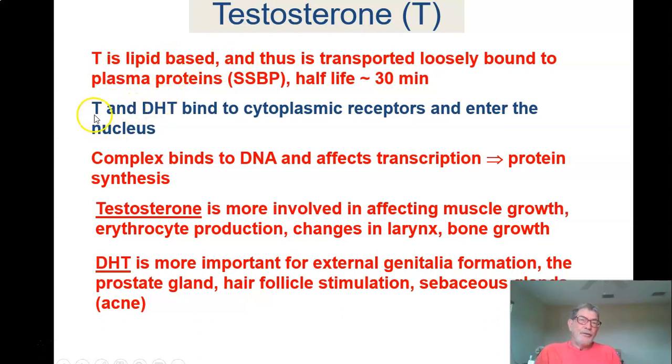Both testosterone and dihydrotestosterone bind inside the cell. Once they are released from their transport protein, they move across the membrane easily because they're lipid-based, and they go to work inside the cell.